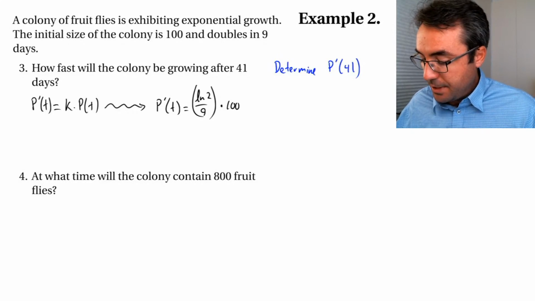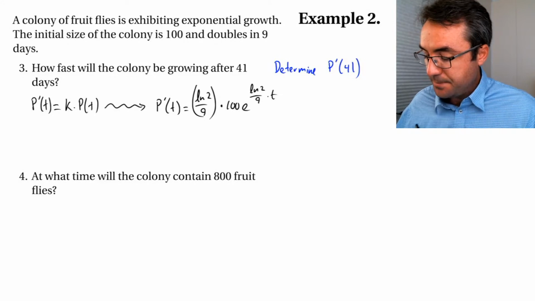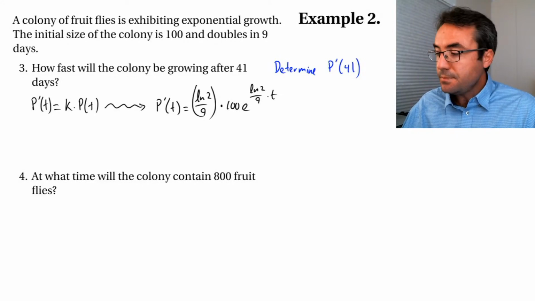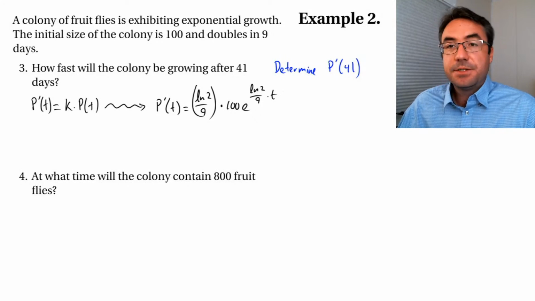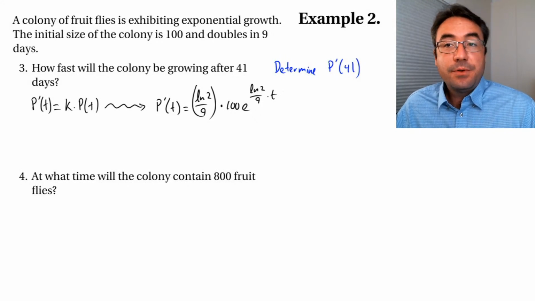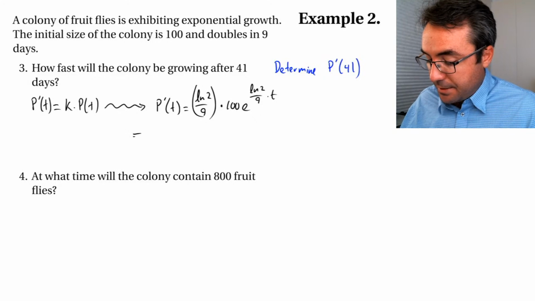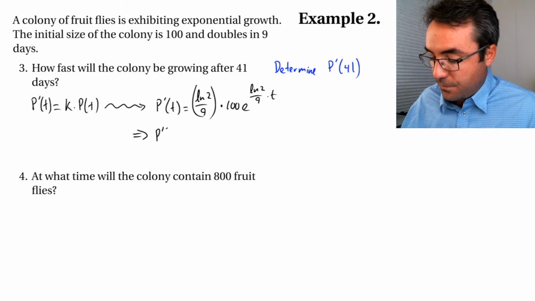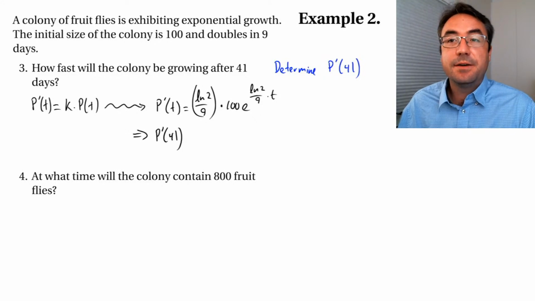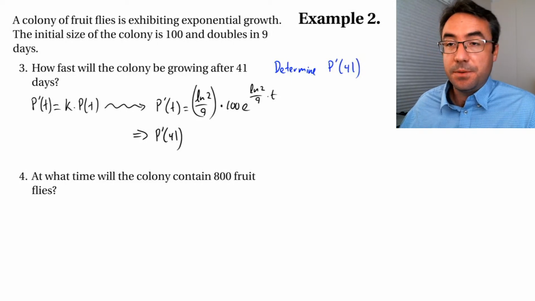It's 100 e raised to the natural log 2 over 9 times t. And to find our derivative value, we can just plug in 41 wherever we see a t variable.